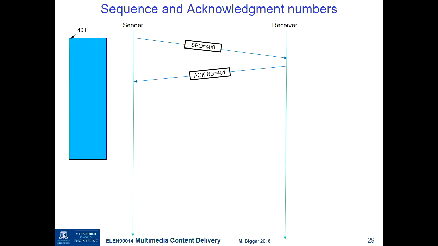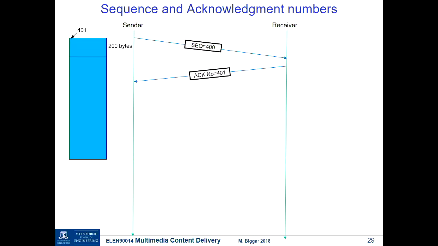So let's suppose that this sender has a file to convey to the receiver, and because of the selection of the initial sequence number as 400, it's going to number the bytes. We number bytes, not packets, in TCP. It's going to number the first byte as 401, as the receiver has indicated that's what it's expecting to receive.